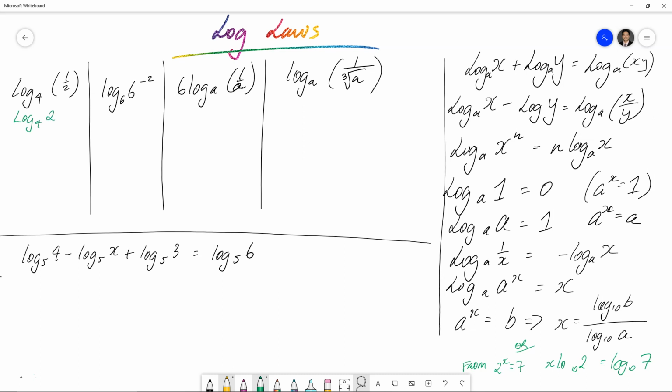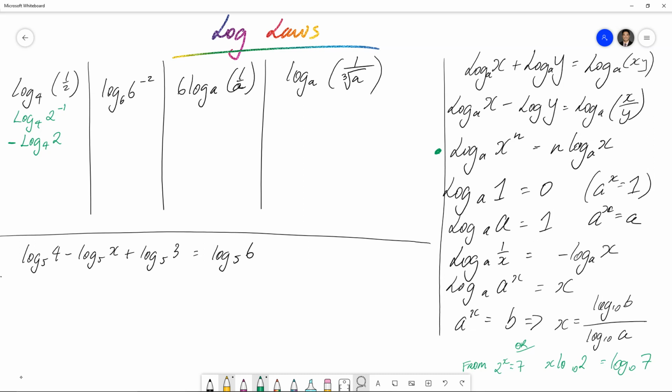So that means we've got log base 4 of 2 to the power of minus 1. And just working off this index law here, we're going to move the minus 1 to the front. So we've got minus 1 times log base 4 of 2.